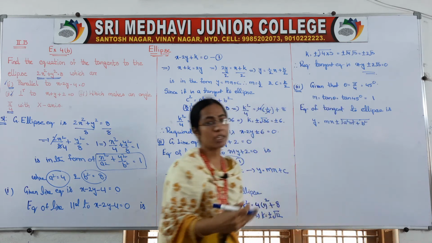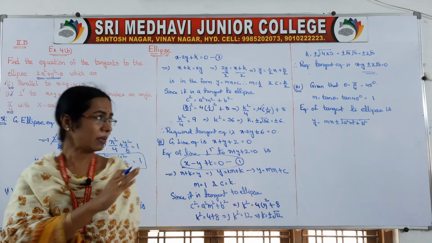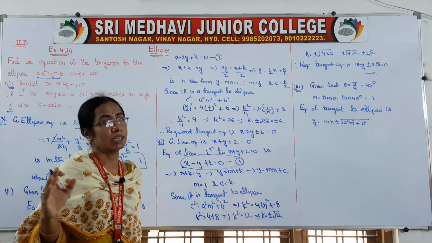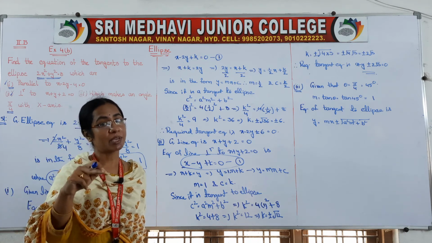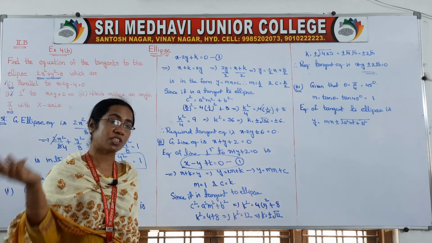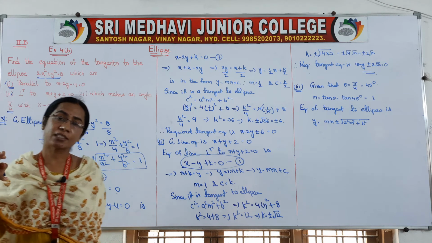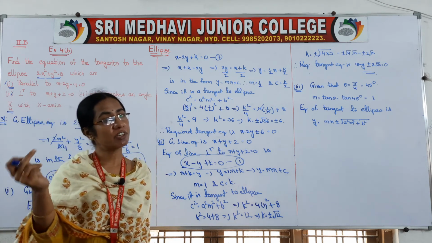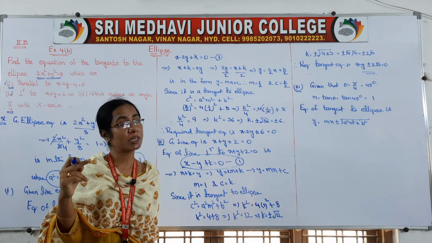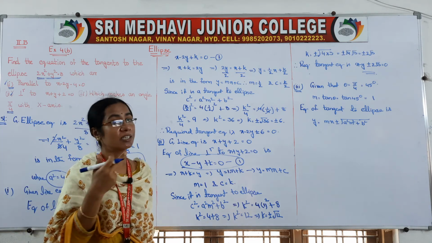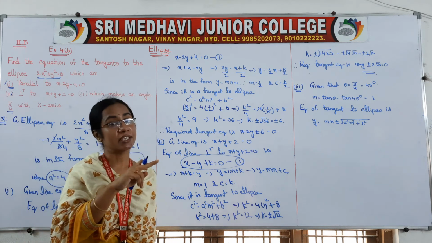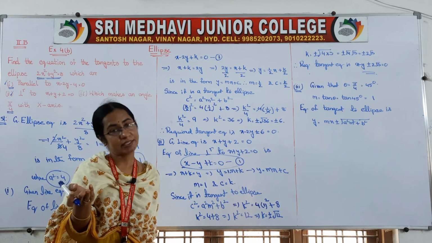We know the a square and b square values, since it is the same ellipse equation. We are finding 3 tangents to the same ellipse with different conditions. In the first condition, our tangent is parallel to one line. In the second question, our tangent is perpendicular to another line. In the third question, our tangent makes an angle 45 degrees, pi by 4, with the x axis.